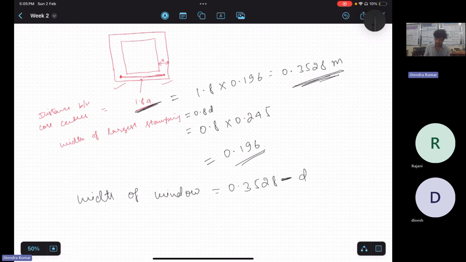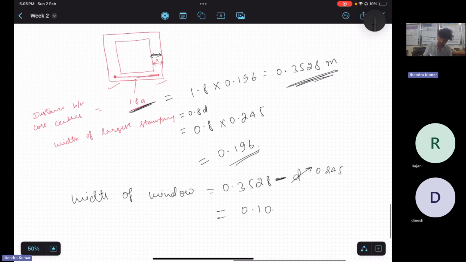So why we are doing it D? Because D is nothing but 0.245. So this value will come out to be 0.10. So see, width we have to reduce, right? Since we are considering from center to center, that is why we are considering only one width of the core.